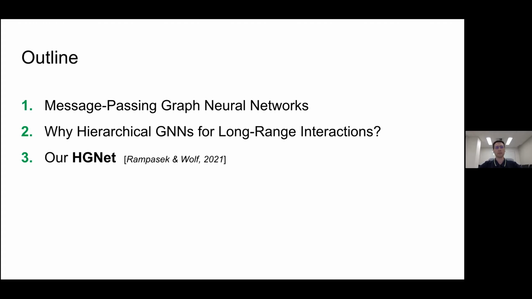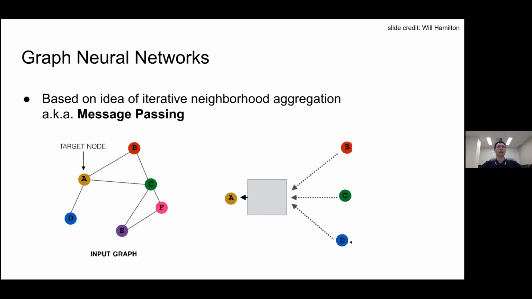And the majority of the talk I'll spend on our recent paper, the hierarchical graph neural net, and its empirical evaluation, specifically focused on these long-range interactions, which is the major contribution of our paper. Okay, so let's start with the introduction here.